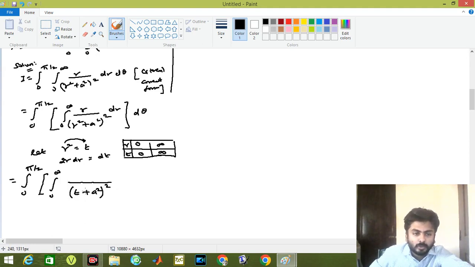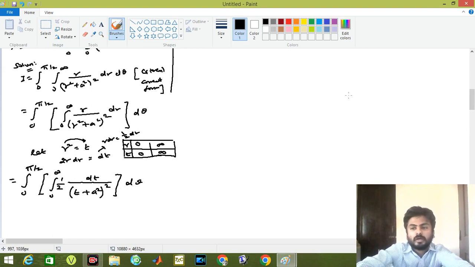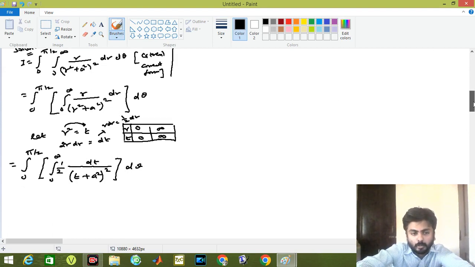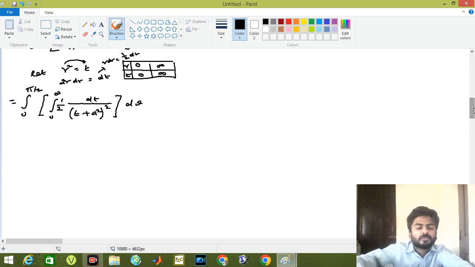In the numerator we are having r dr, but we have 2r dr, so r dr will be equal to 1 by 2 dt. So close this and then put d theta. Now you can take this 1 by 2 outside.